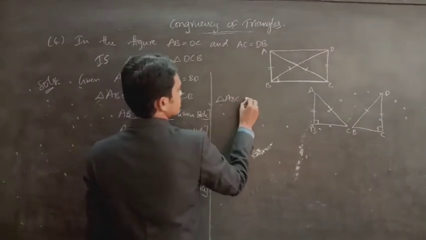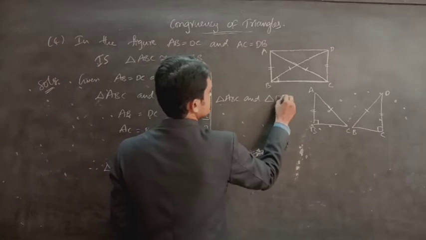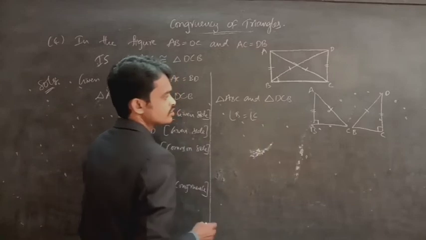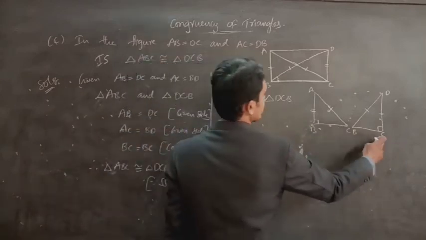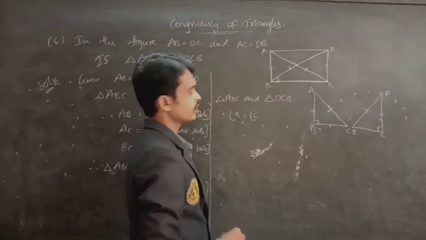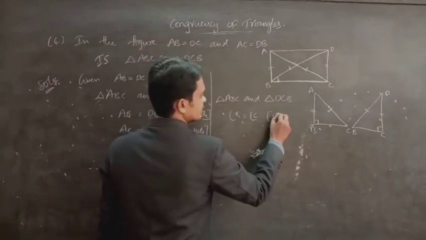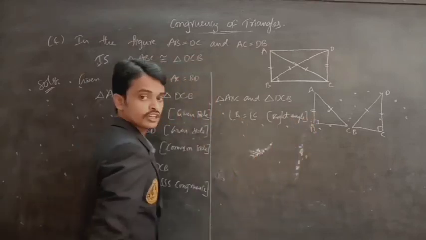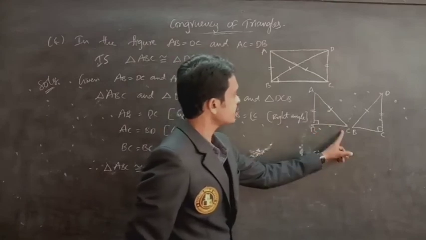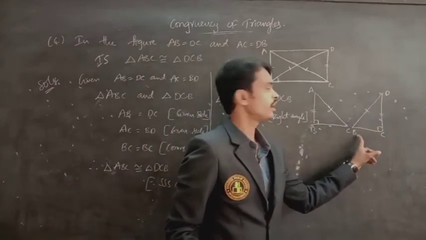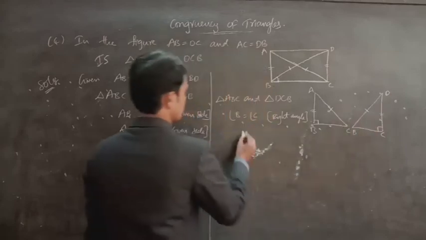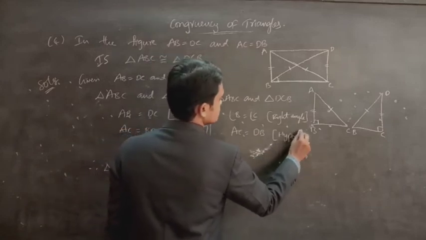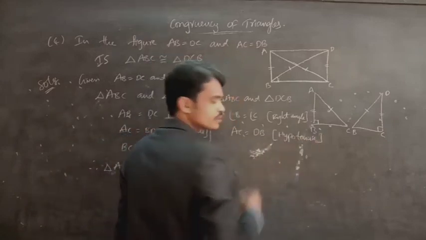So here triangle ABC and triangle DCB, right angle. What is the right angle? Angle B is equal to angle C. It is a right angle. Next, AC is equal to DB, that is the hypotenuse.